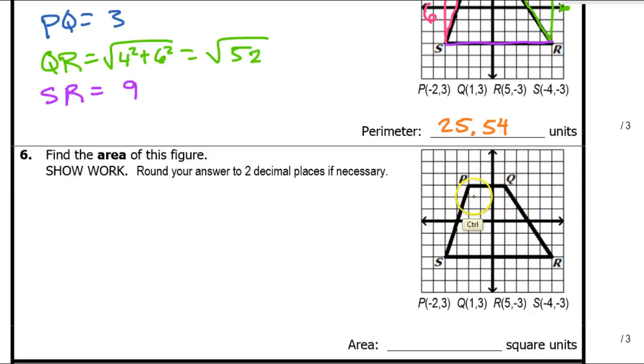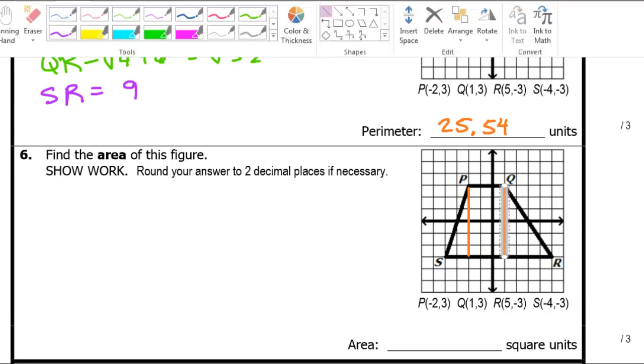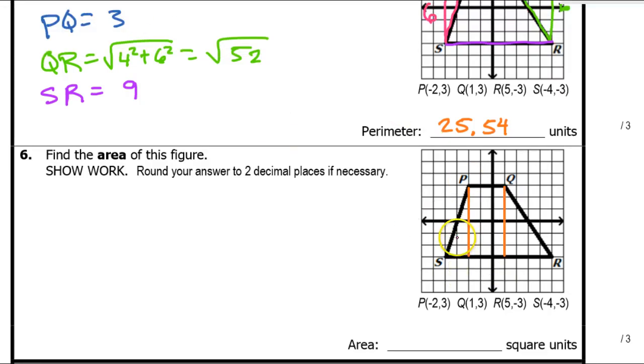Now, for the area, the best thing to do is to divide the shape into rectangles and triangles. Use vertical and horizontal lines when you divide. So in this way, I have now divided the shape into area number 1, area number 2, and area number 3. I'm just going to find each of these areas.